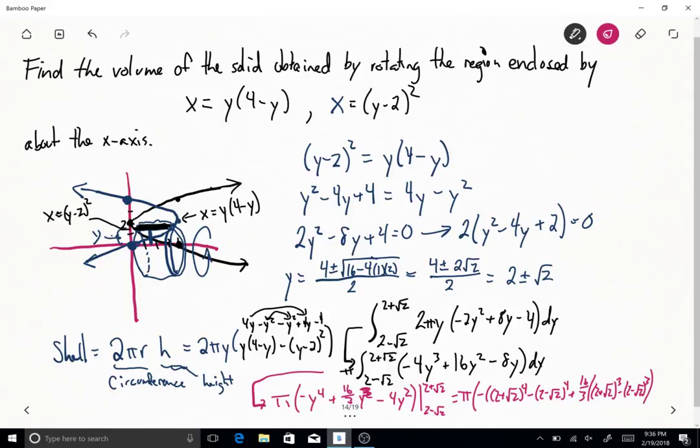And then we have a minus 4y squared, so minus 4 times 2 plus square root of 2 squared minus 2 minus square root of 2, the quantity squared.